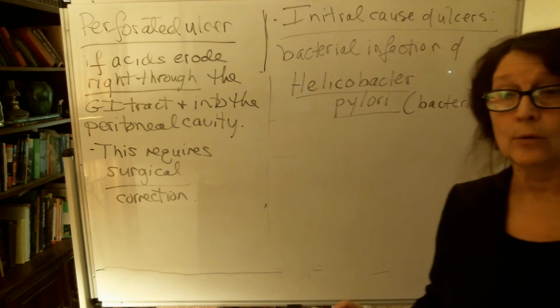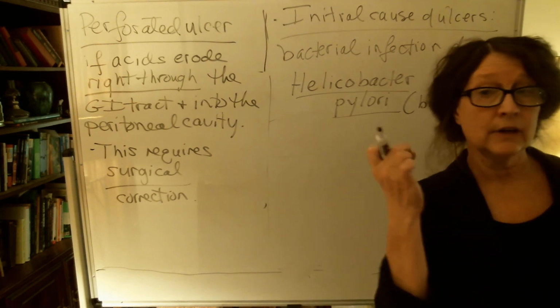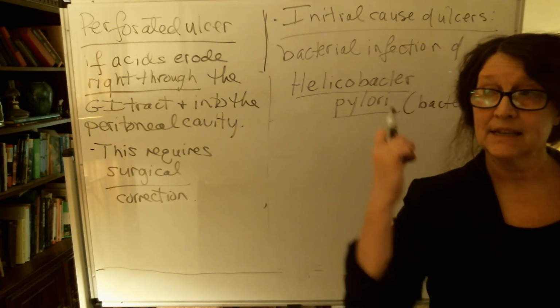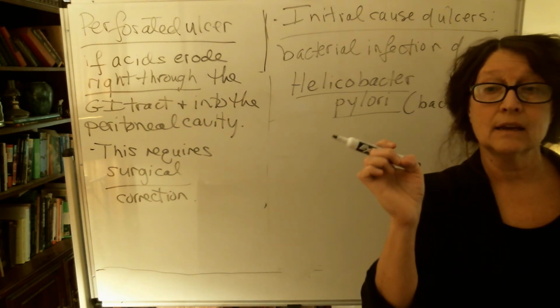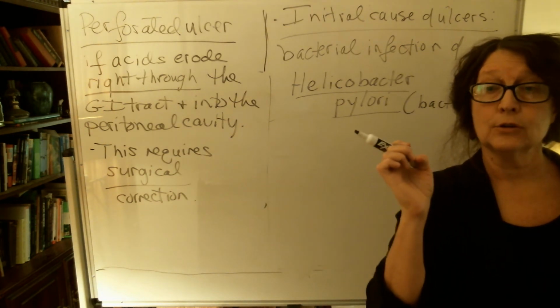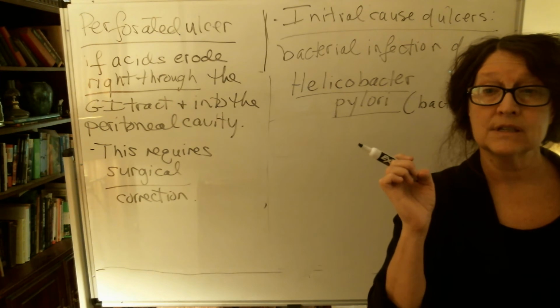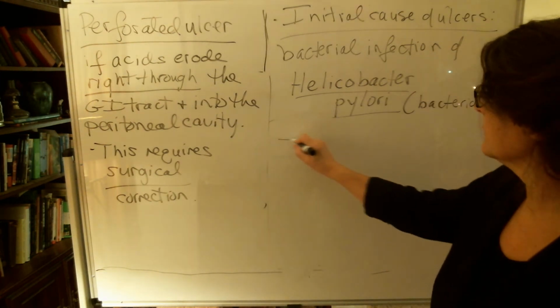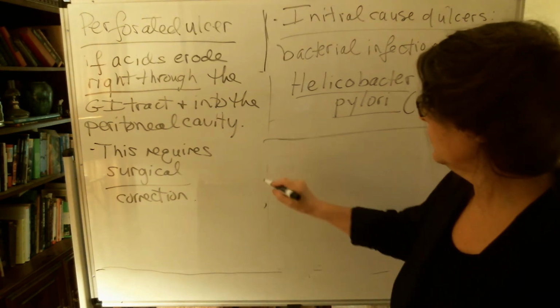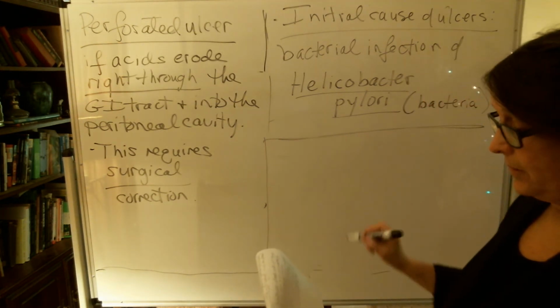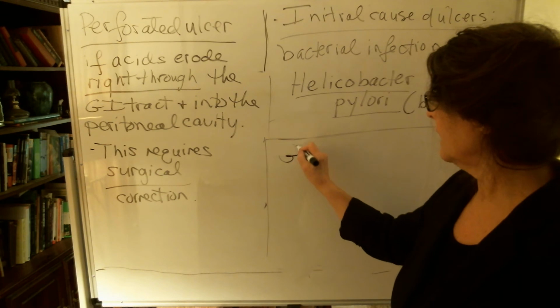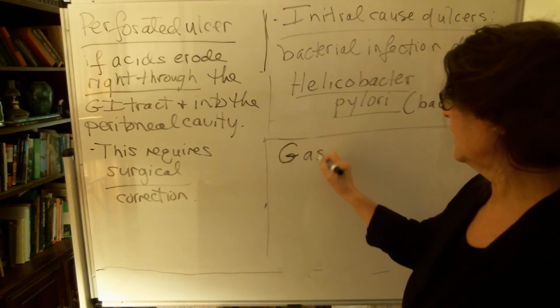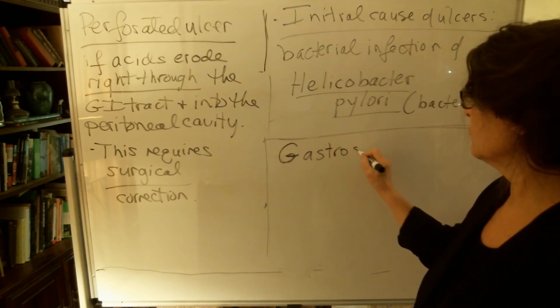So I told you that we started finding bacteria in samples that were specifically taken from the ulcer-affected areas of the stomach lining. So to do that, we used a piece of equipment that's useful for you to know about as well. And this is called a gastroscope.